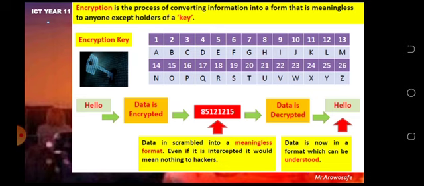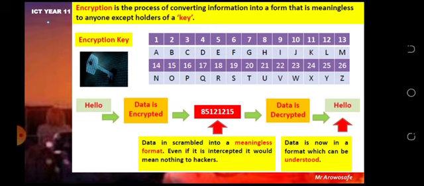Before someone can read or understand it, that person must have what is called an encryption key. So you can see the explanation here. You can see the numbers from 1 to 26, representing the letters A to Z.